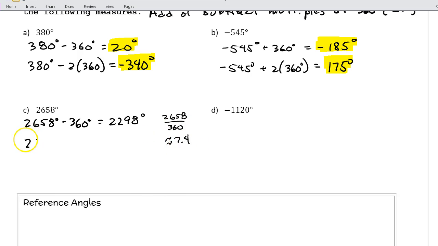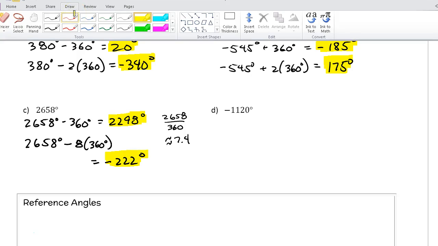So what I'm going to do now is go 2658, and subtract 8 times 360. And if I do that, I'm going to get negative 222, and now I have a positive and a negative coterminal angle. So here's my positive, here's my negative.